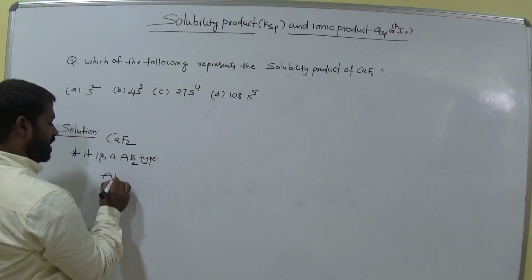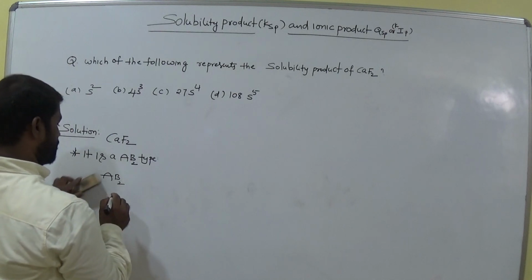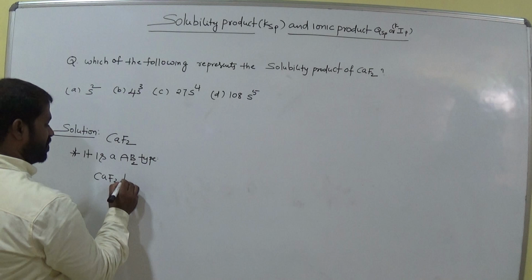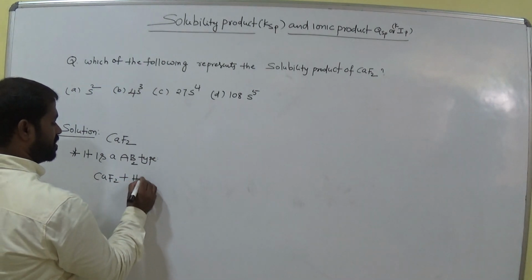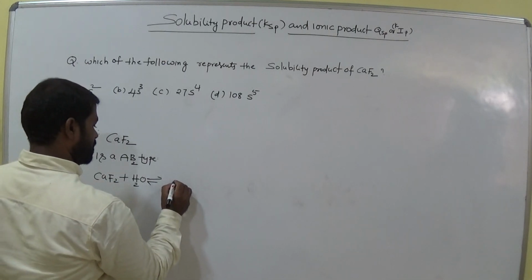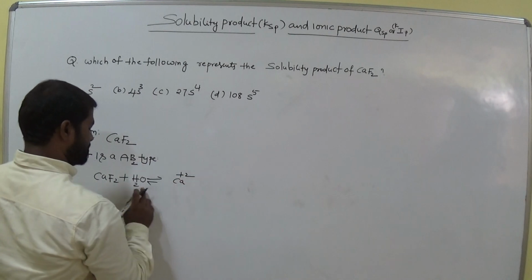So AB2, or CaF2, when dissolved in water gives Ca plus 2. Why?